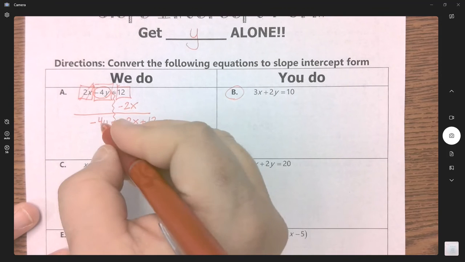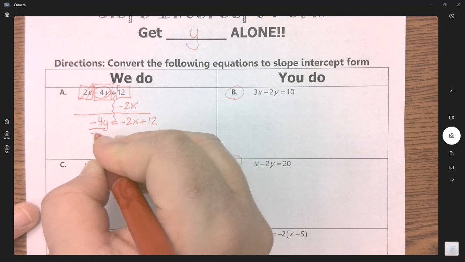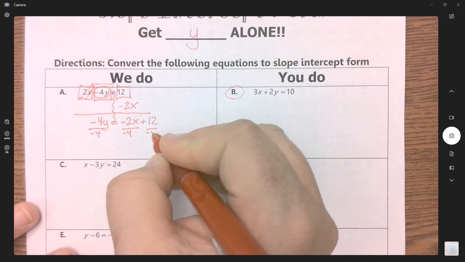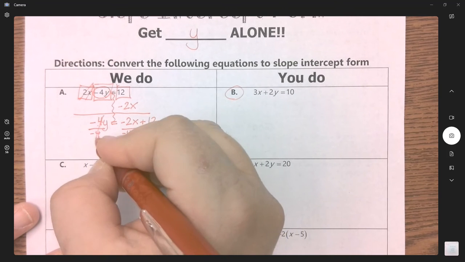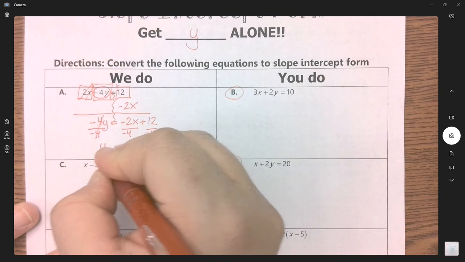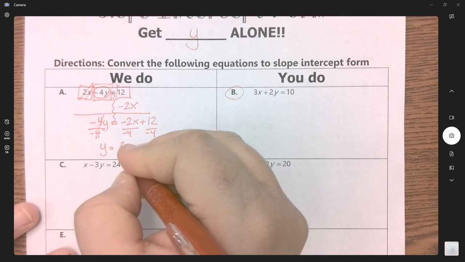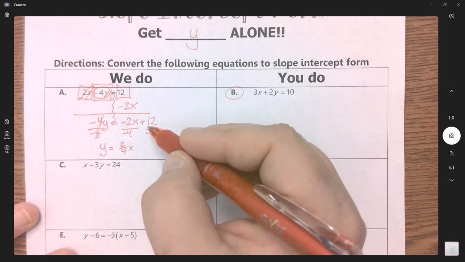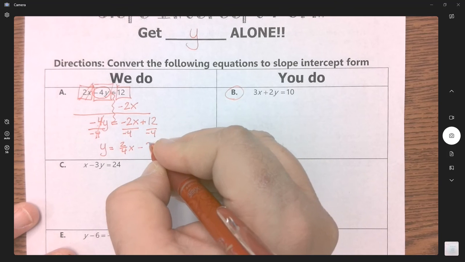Our last step to solve in this case, we do times. This is multiplication, so the opposite would be division. And I have to divide each term, each piece, by that number to get rid of it. So divided by negative 4, I get y equals, a negative and a negative make a positive, so 2/4 x, which if I wanted I could simplify to 1/2. And then positive and negative make a negative, 12 divided by 4 is 3.